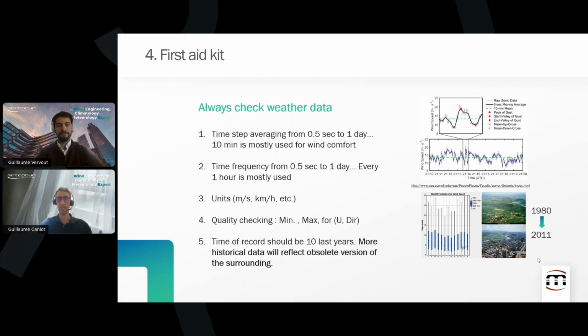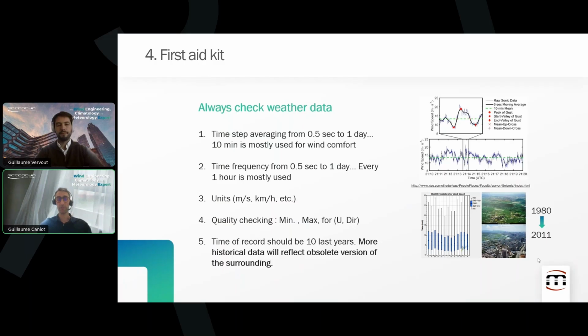The other thing is a time frequency. So there are quite a lot of frequency available. In the mostly wind engineering practice, we use hourly data that have been averaged over the last 10 minutes. You should check also the units. Make sure that it expressed in probably in meter per second.